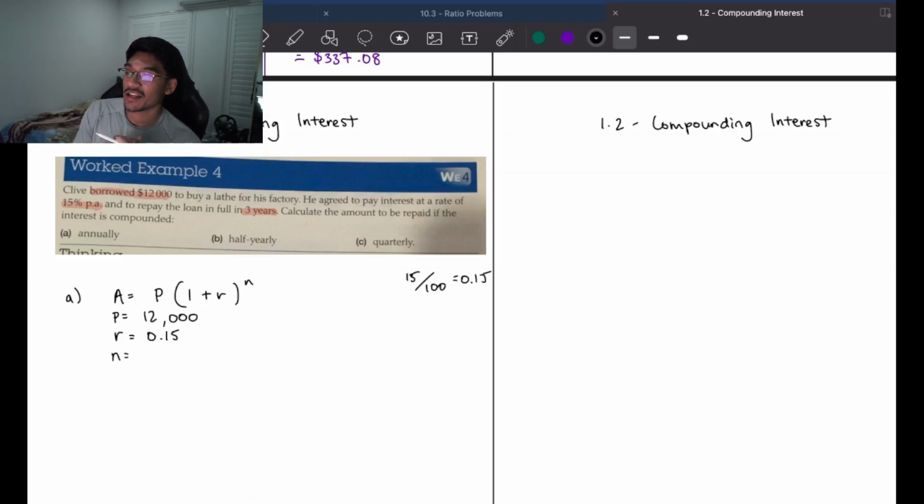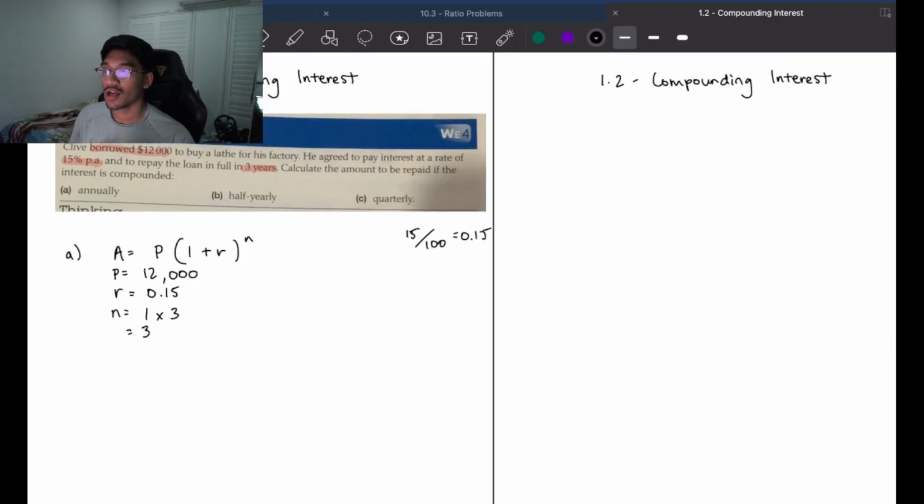Because it's being done annually, it's compounded once per year for 3 years. So 1 times 3 equals 3. That tells me it's compounded 3 times altogether.